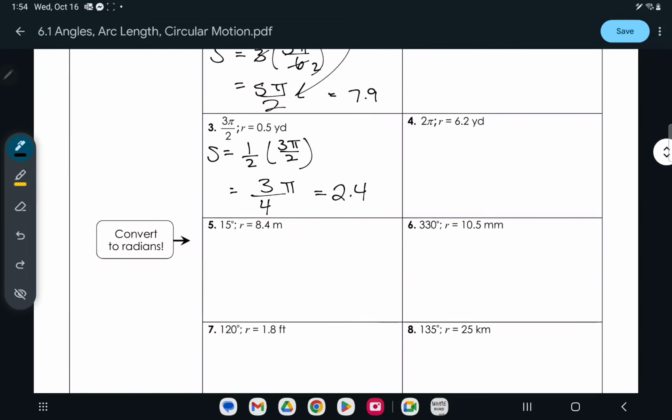There's some that are given in degrees, but remember the angle has to be in radians, so 15 times pi over 180. So S equals 8.4 times the 15 pi over 180.